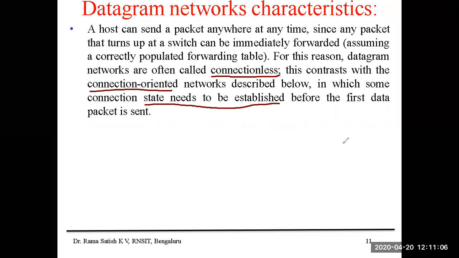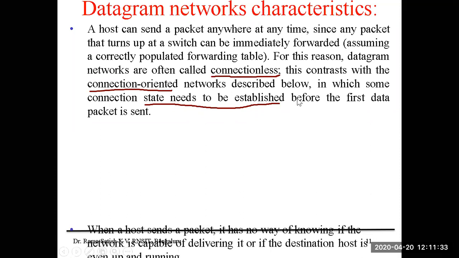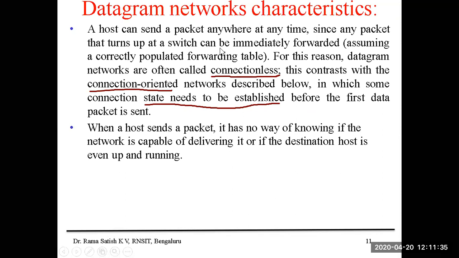A packet will be sent to the next switch, and the next switch will decide in which port it has to go out. Like that, every switch will forward, forward, forward, and finally it reaches the destination. This is one important characteristic with respect to datagram: datagram is connectionless. It will never establish a connection.